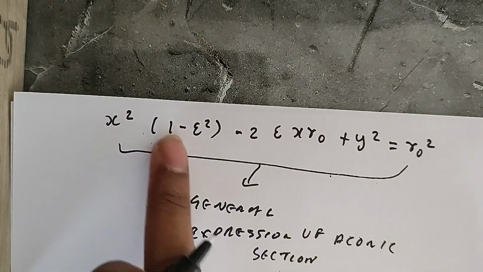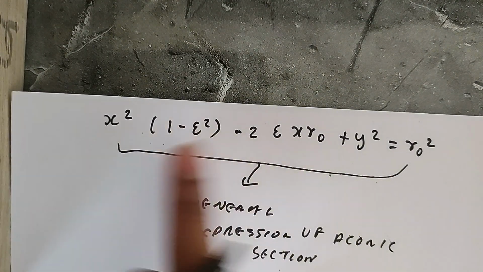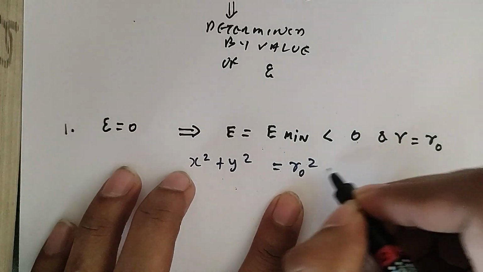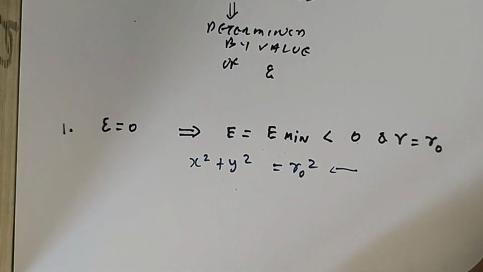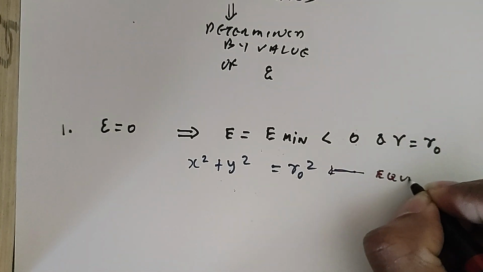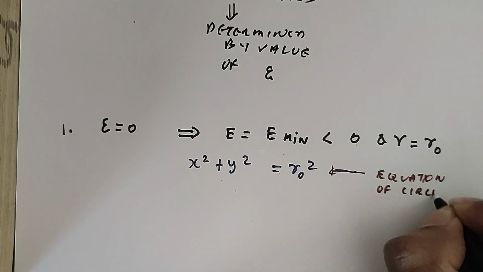When epsilon is equal to 0, this term vanishes. We have x square plus y square is equal to R naught square, which is exactly this equation. And if you recognize this, it is the equation of a circle.